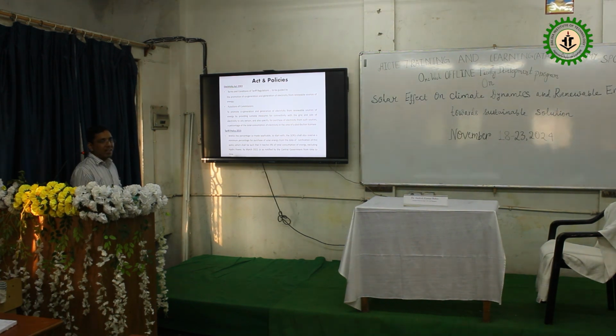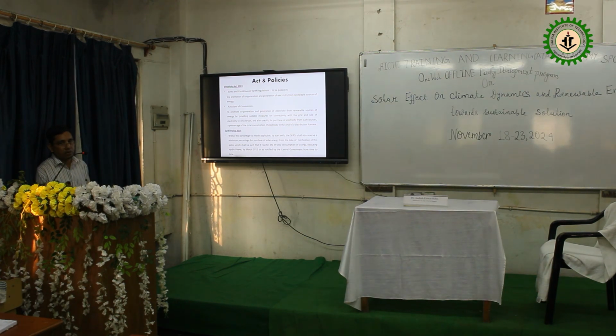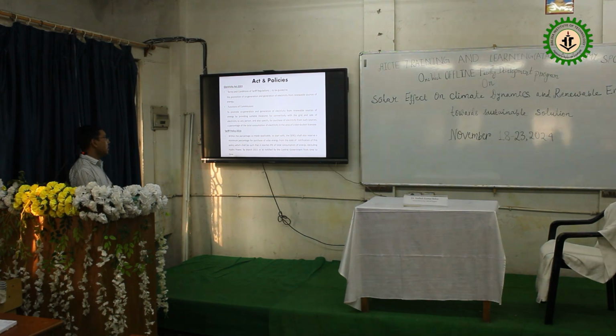So where did this concept come from? Earlier the electrical market was regulated. This is part of the deregulated power market only. This is possible in the deregulated market. The provision of small generation, distributed generation as well as renewable generation came in the Electricity Act 2003, due to the amendment of the previous acts.